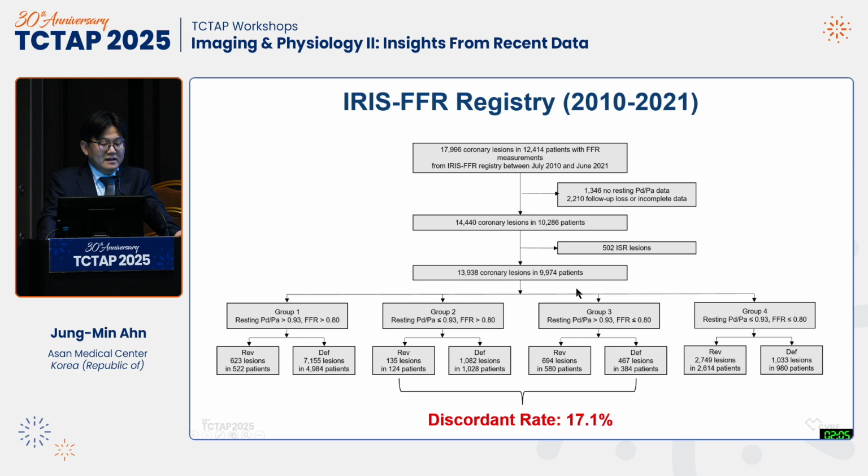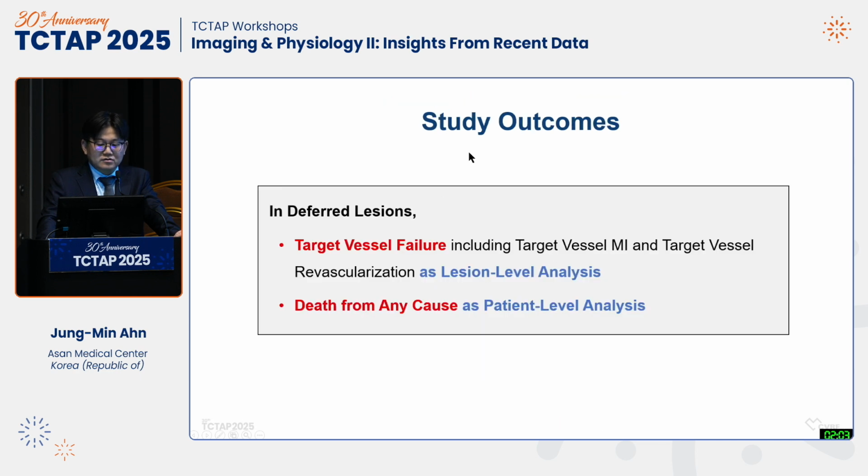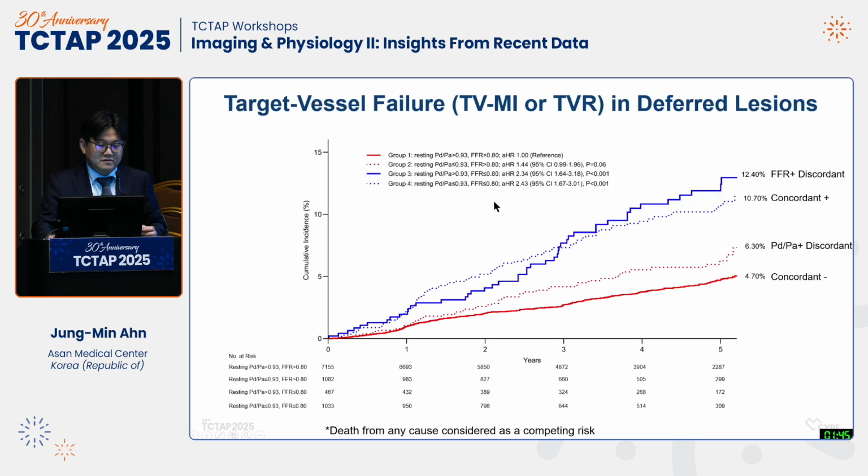Group 3 is FFR positive discordant. The incidence was 17%. So we evaluated the discordant region and separated two clinical outcomes: target vessel failure, including target vessel MI and target vessel revascularization, as a lesion-level analysis, and death from any cause as a patient-level analysis. This is a very interesting finding. For target vessel failure, across the 4 groups, this is concordant negative, this is FFR positive, concordant positive.